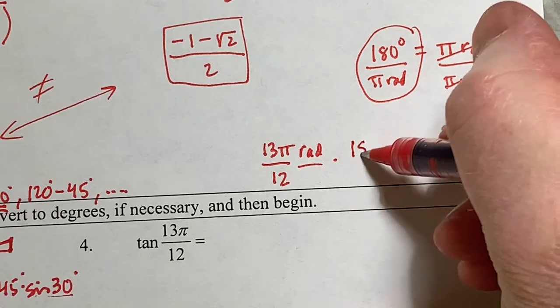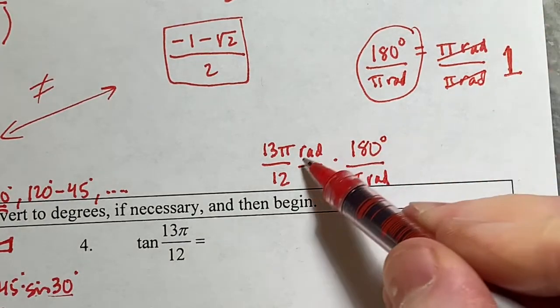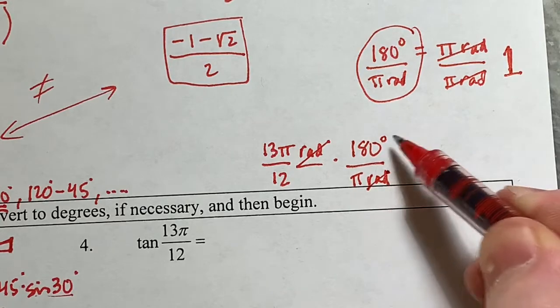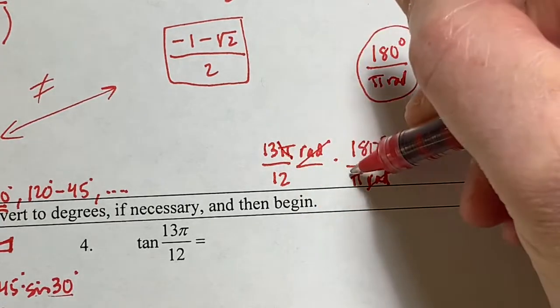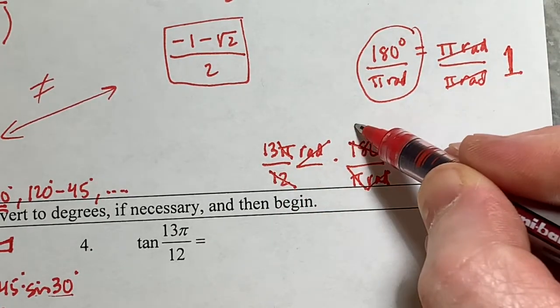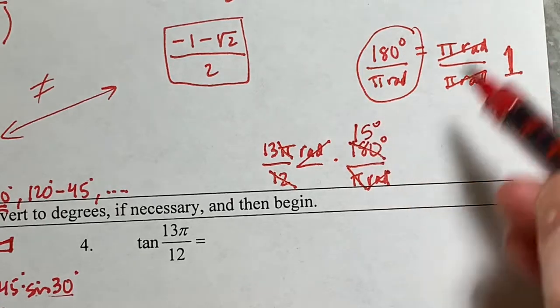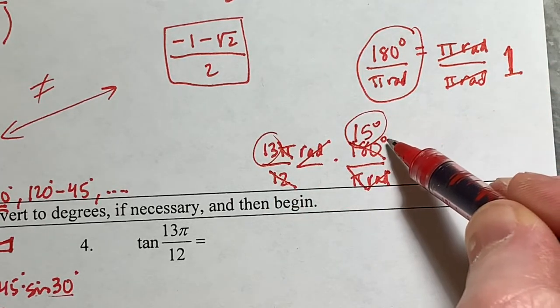I'm going to multiply by 180 over pi radians, and the radians cancel, and I'm left with degrees. And not only do the radians cancel, the pi's cancel. In fact, I can even divide that 12 in there, and it goes 15 times. And all I have left is 13 times 15 degrees.